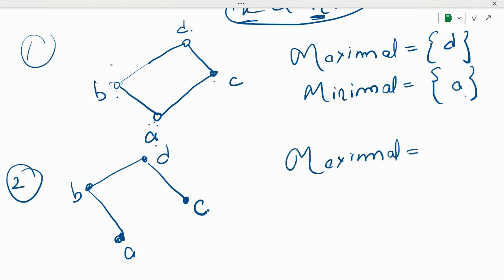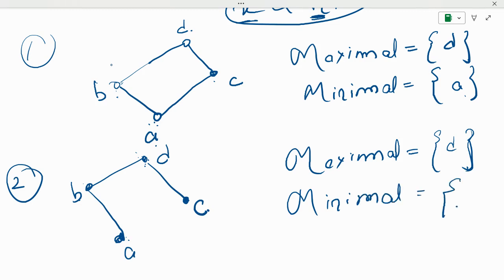Maximal is D: for B it's D, for C it's D, and for A also it's D. So there is no other element that is covering D. For minimal, it is obviously A and C, because there is no element that these elements are covering. So minimal is A and C.